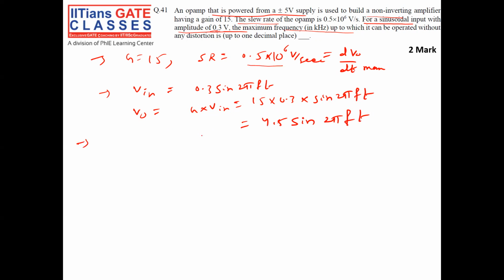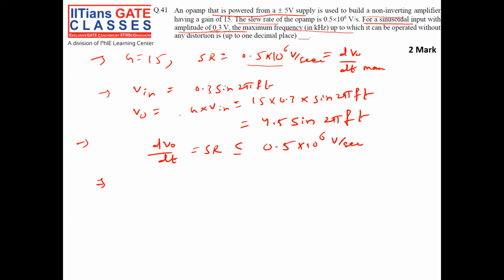And we know that for distortion-free output, dV_o/dt, the slew rate, should be less than or equal to 0.5 × 10^6 volt per second.